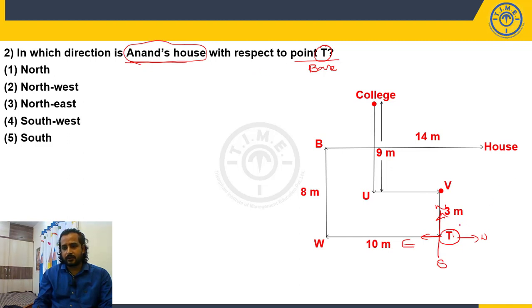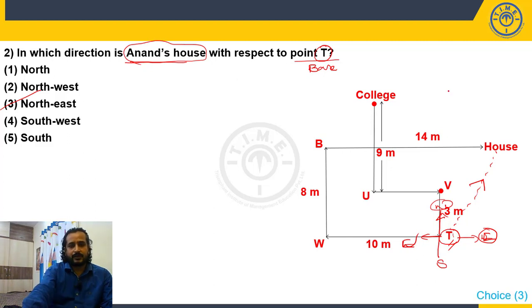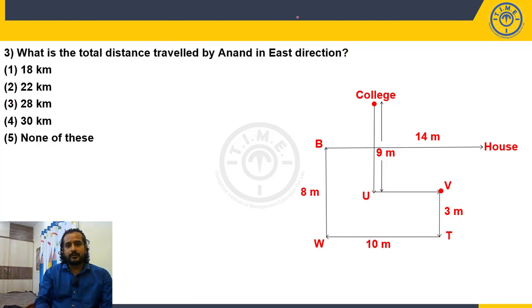Anand's house with respect to the base point is a slant line towards the right side and upwards. It is showing towards which direction? East, north. So what is your answer? Northeast. Choice 3. So Anand's house is towards the northeast from point T. Clear?